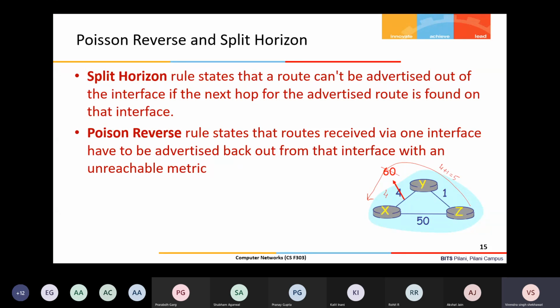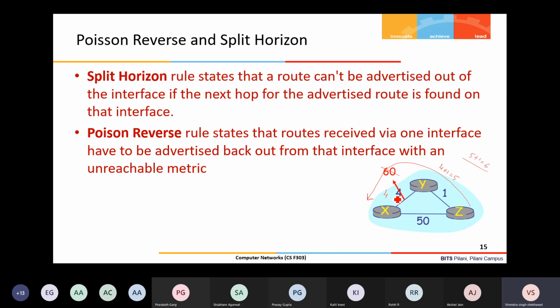Y thought, okay, because Z has advertised this route to me for the destination X, and that route is now better because it is of cost 5. When Z is using this route, Z advertises this route to Y, and that indicates to Y that via Z I can reach X at a cost of 5 plus 1, that is 6.